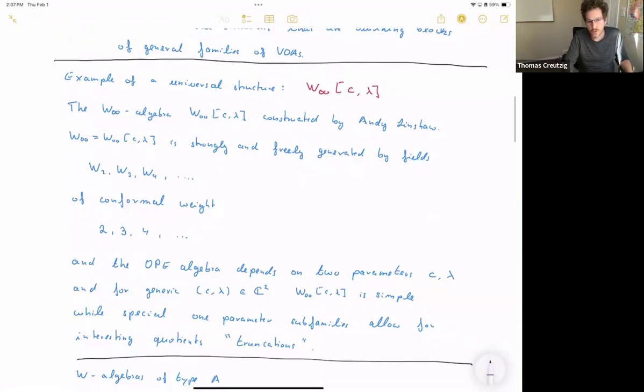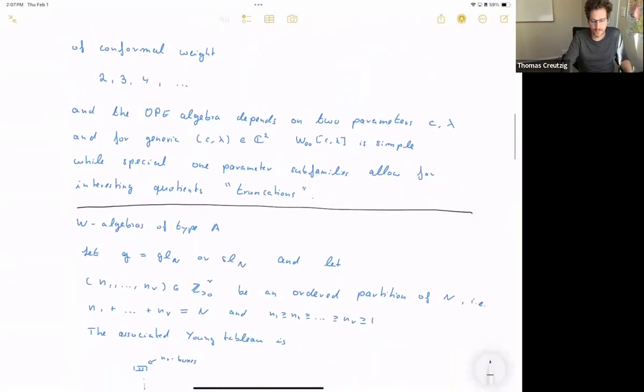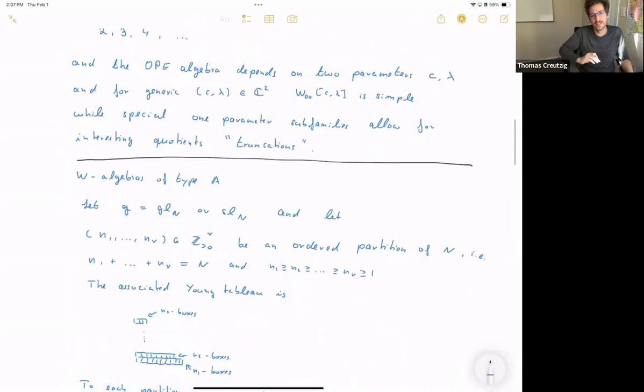So you see here already that the word W algebra of type A appears, and indeed this Andy's W infinity algebra is the universal structure that we want to think about as the building block for W algebras of type A.